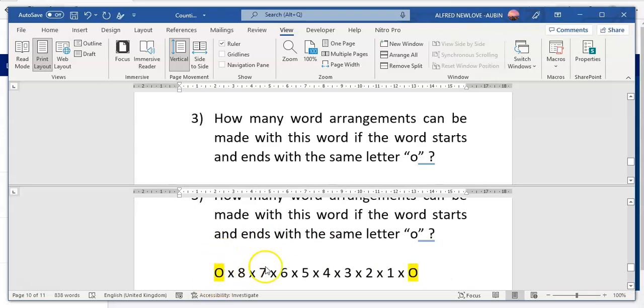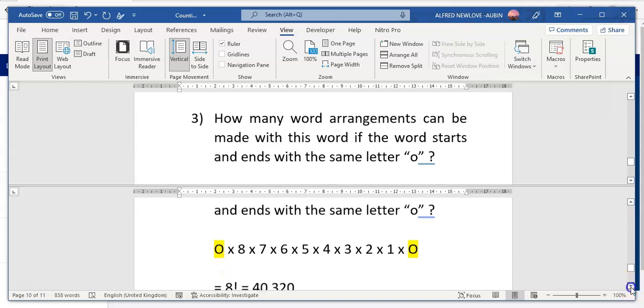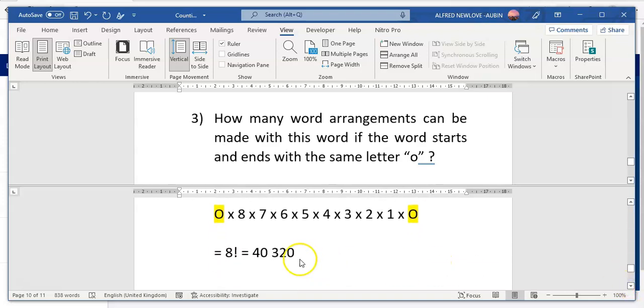So we have O here, and it's also going to end with O. 2 letters have been used. How many letters were we having? 10. So if 2 letters are used, we have 8. So it's going to be 8 factorial, because the O's are fixed. It can take only O. Okay, so here we are having 8 factorial.